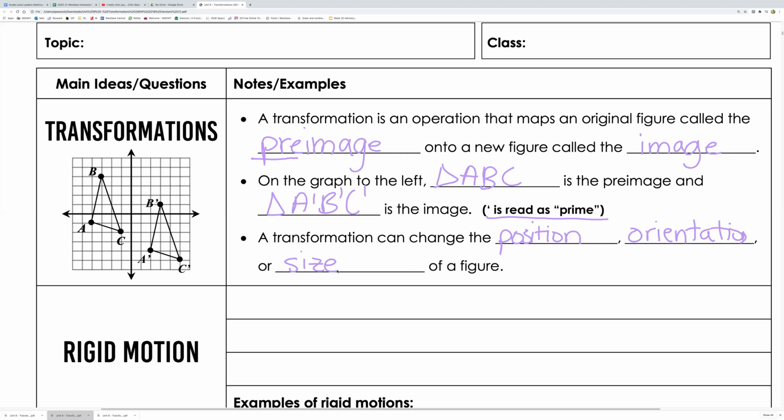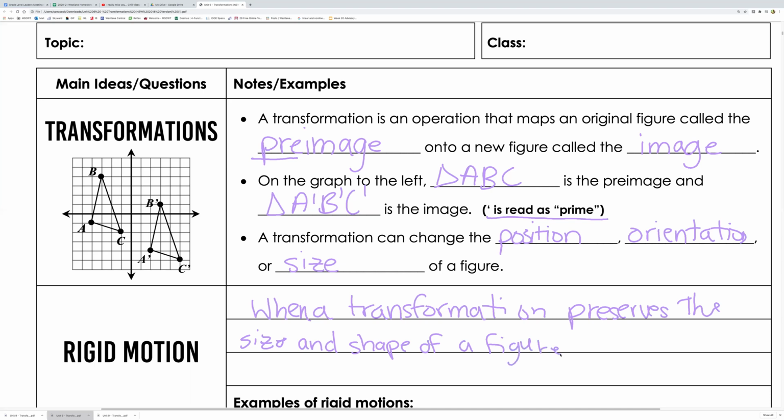Okay, rigid motion. When a transformation preserves the size and shape of a figure, all corresponding sides and angles of the pre-image and image are congruent.